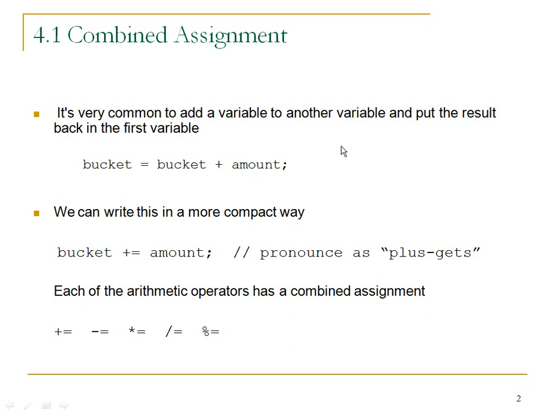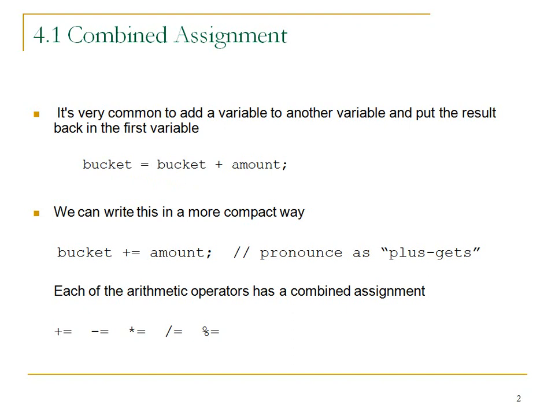It's very common that if you have a variable and you want to add it to another variable and put the result back in the first variable, so add some amount to what's already in a variable and put it back into the same variable. So you might think of this bucket as an accumulator variable, and you're going to throw something else into the bucket.